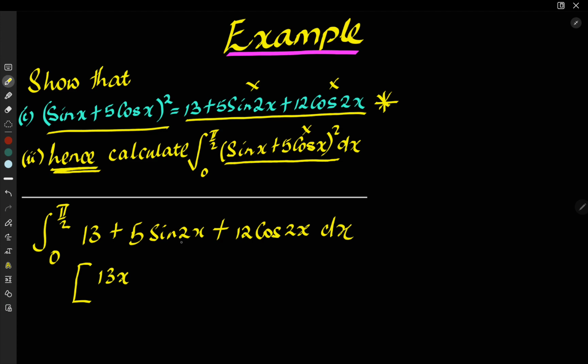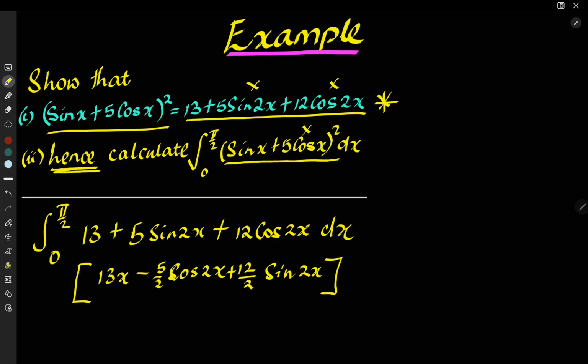Then the integral of sine, remember the integral of sine is a negative. So that would be, remember we divide also here, negative 5 over 2 cos 2x. And also remember the integral of cos is now a positive sign. Then we divide by 2. So that would be plus 12 divided by 2, then sine 2x.